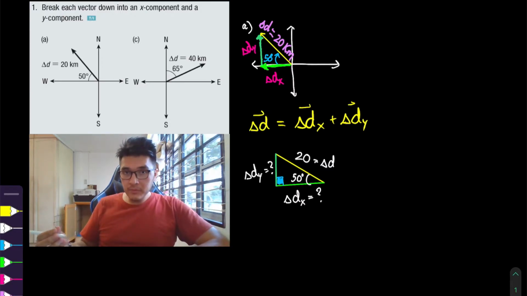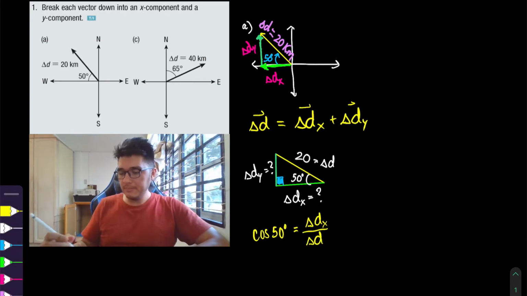A useful strategy at the beginning, as a beginner level, is to just write down cosine of the angle, 50 degrees. And remember, cosine is CAH, which is adjacent over hypotenuse. So that would be delta dx over delta d. If we're considering from the angle 50 degrees, the adjacent side is delta dx and the hypotenuse is the 20, delta d.